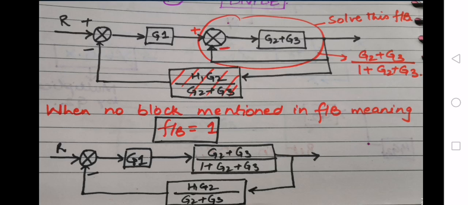So that means when we take this takeoff point before this g2 plus g3, then we have to divide the same with g2 plus g3, and so we have got h1 g2 divided by g2 plus g3. Now just check out that we can simply solve the g2 plus g3 and the feedback loop. Now the feedback has got no block, so it has to be taken as unity.